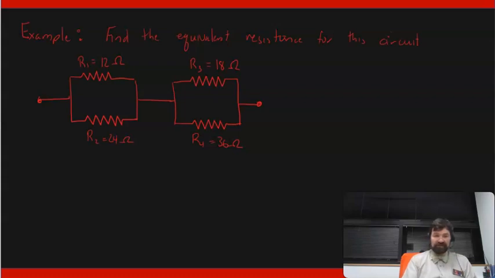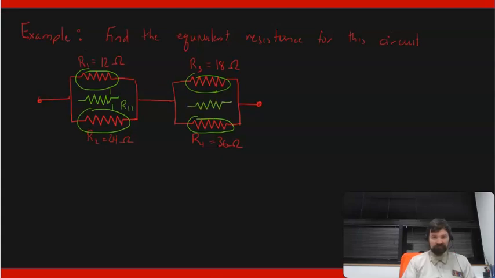And so basically what we would do here is we would combine these two into an equivalent resistor that we might call R12, and then we would combine these two into a resistor that we will also call R34.